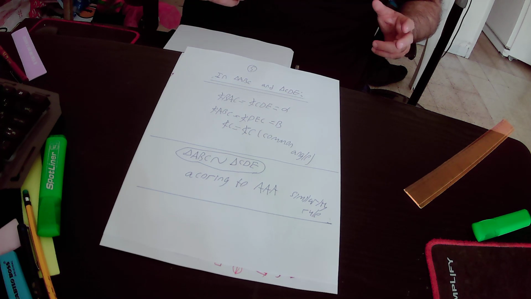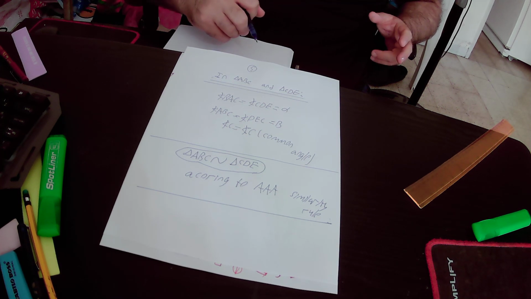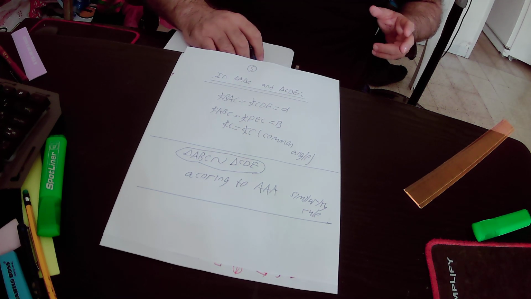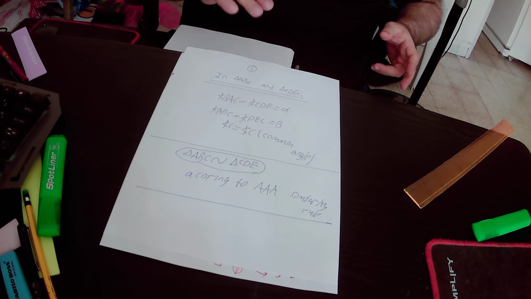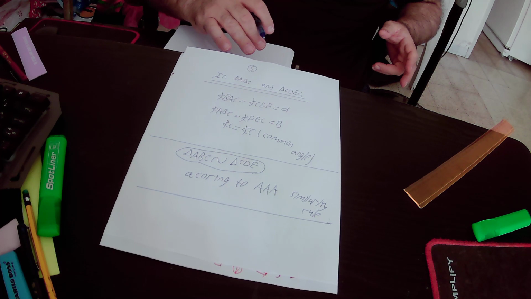If you prove that all the angles of one triangle are correspondingly equal to all the angles of the other triangle, you have proved that those two triangles are similar to each other according to the angle similarity rule. Okay?